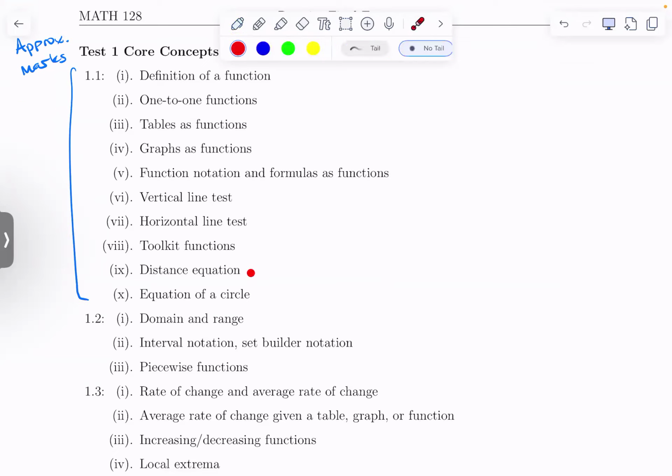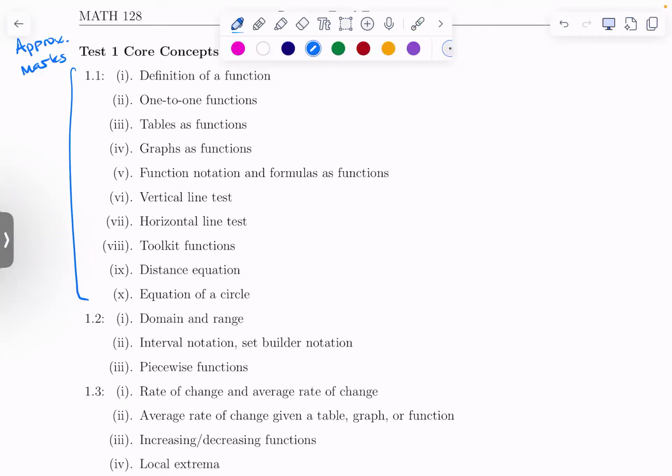It gets kind of confusing because the distance equation and the equation of a circle were introduced in 1.1, but then we didn't really use them until 5.1. And so I won't use those grades as part of the 1.1 marks.